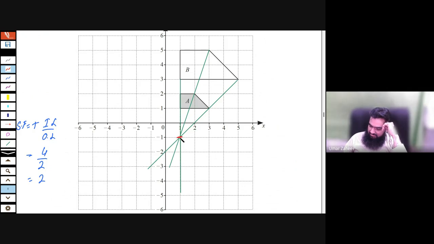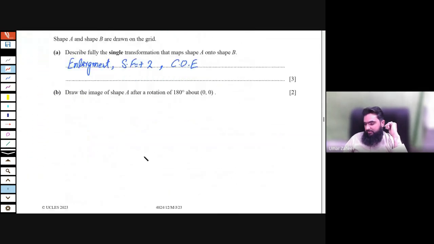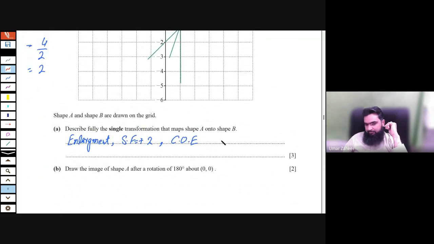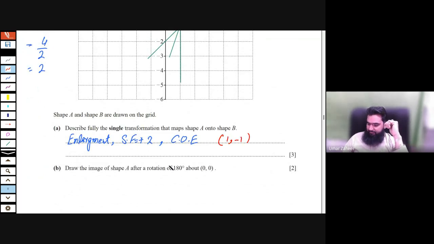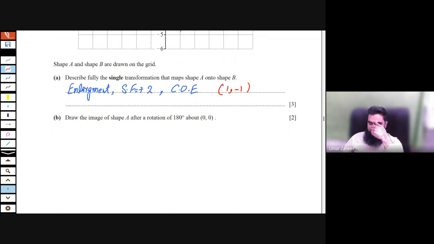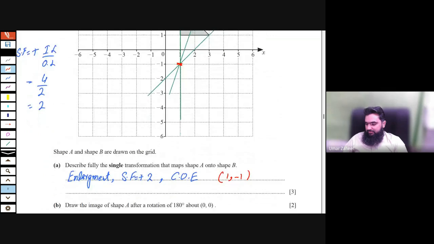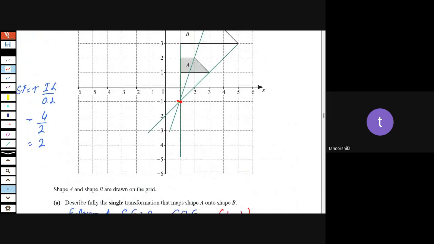They are going to intersect at a single point, and that point is basically the center of enlargement, and in this case it is 1 comma minus 1. Yes, everyone. Any question? No, sir.